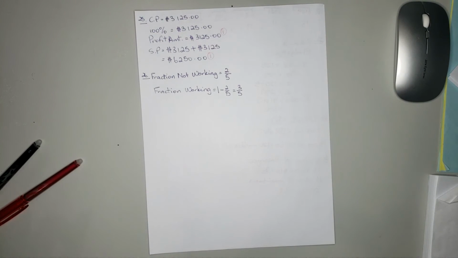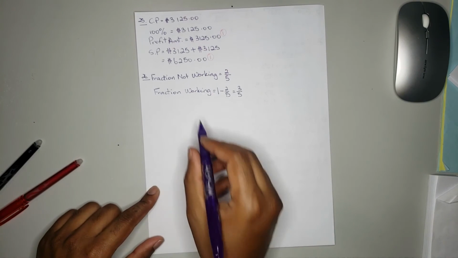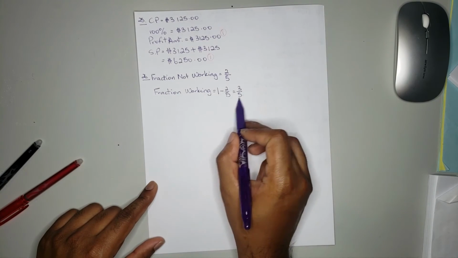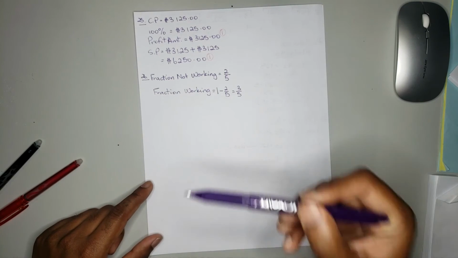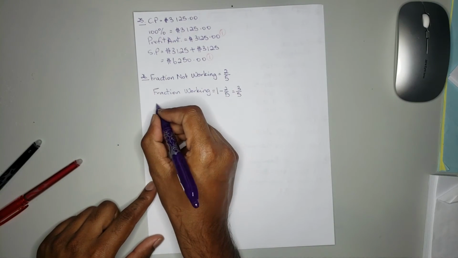Now we would like to find out, they said she also noticed 1/4 of the working pens were red. Good. So we know the fraction of the working pens is 3/5. So we need to calculate now the fraction of the working pens that are red.